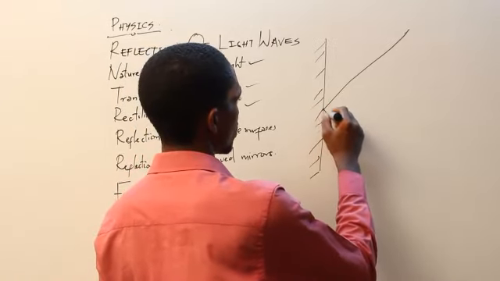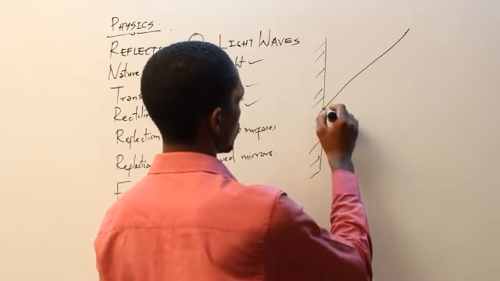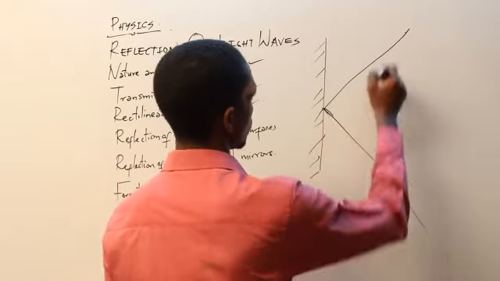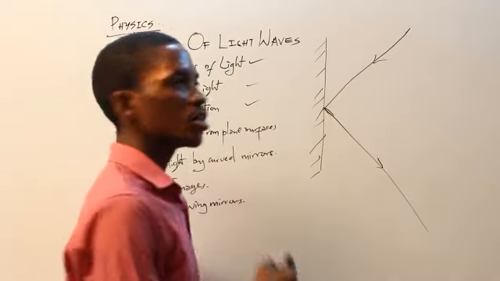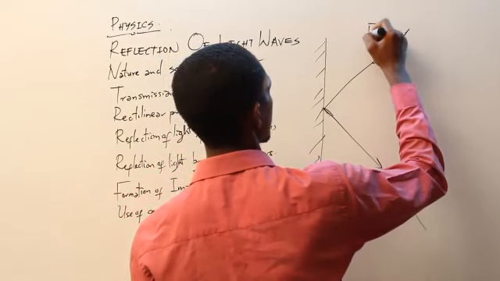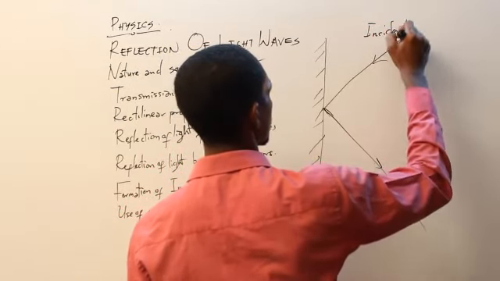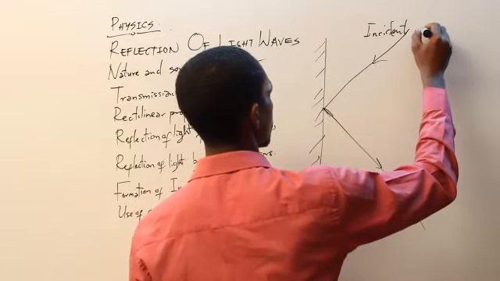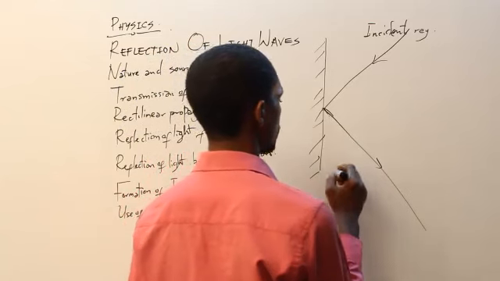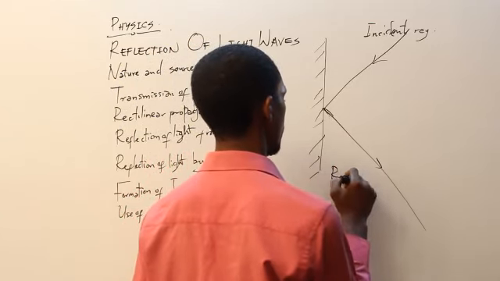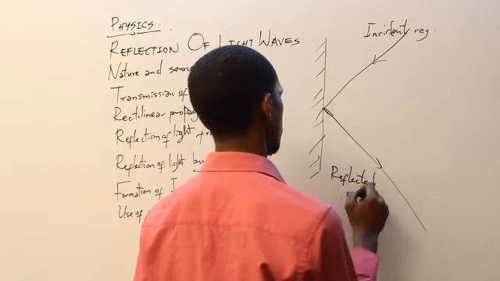The light will be reflected back by the mirror. This is incoming and this is outgoing. The incoming one is known as the incident light or incident ray, while the one going away is known as the reflected ray.